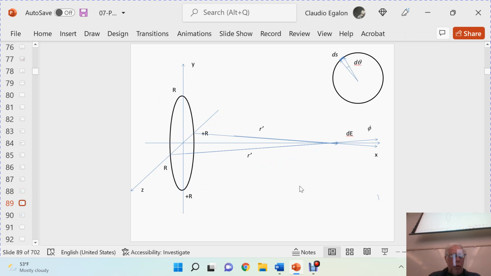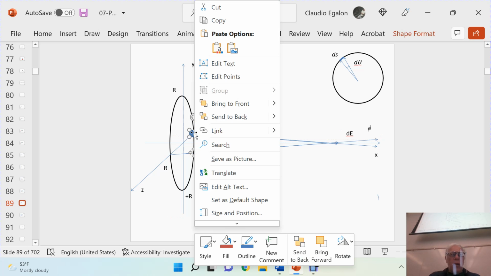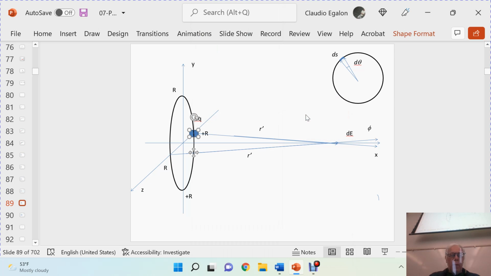On those points along the z-axis, right in here. Because this ring is uniformly charged, the amount of charge at those positions is going to be the same.